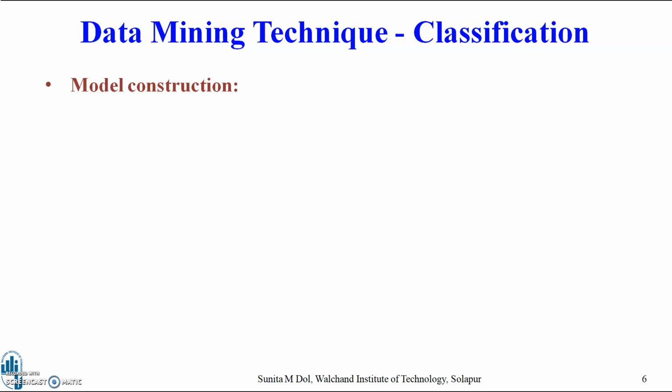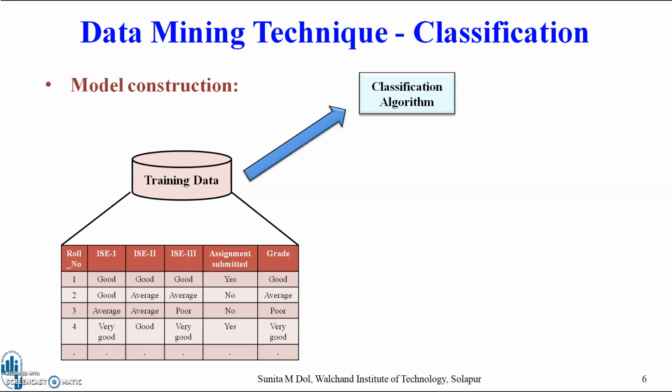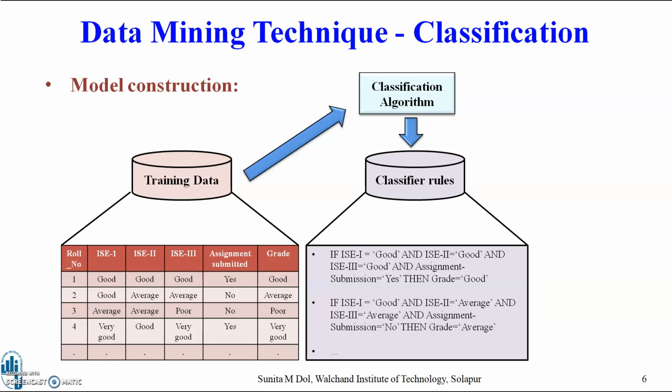Now consider the model construction diagram and the example. Here an example of model construction is given. The training set consists of roll number, ISC1, ISC2, ISC3, assignment submitted, and the grade. After application of the classification algorithm, the classifier rules get generated.